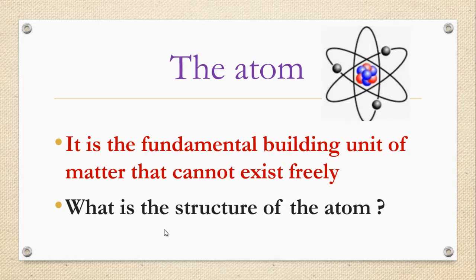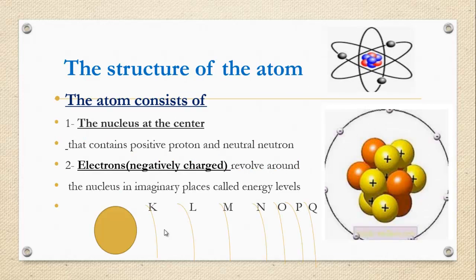What is the structure of the atom? The atom consists of the nucleus at the center that contains the positive proton and the neutral neutron inside the nucleus. But what about electrons?